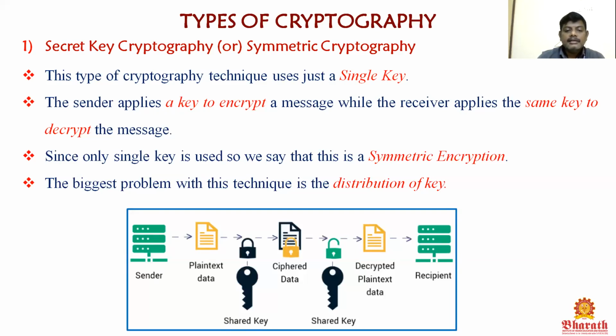Then we send the encrypted document to the receiver side, where the same key is used to decrypt the message. On the sender side we use the key for encryption, and on the receiver side we use the same key for decryption. That's why it is called symmetric cryptography.